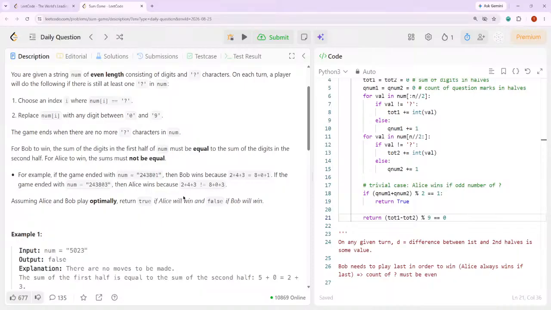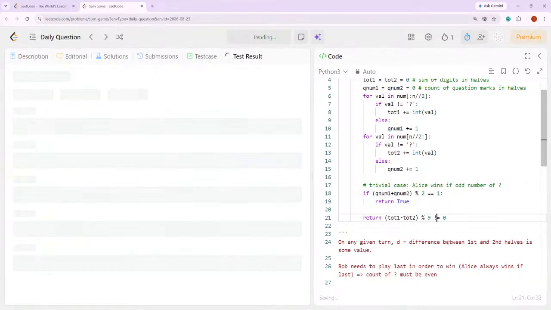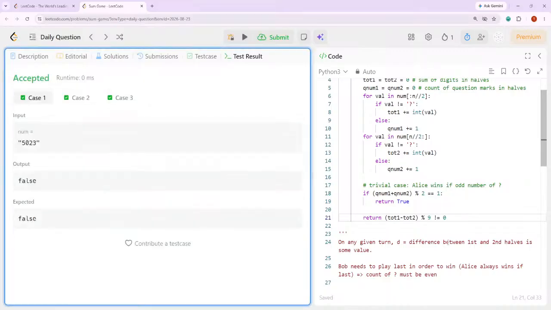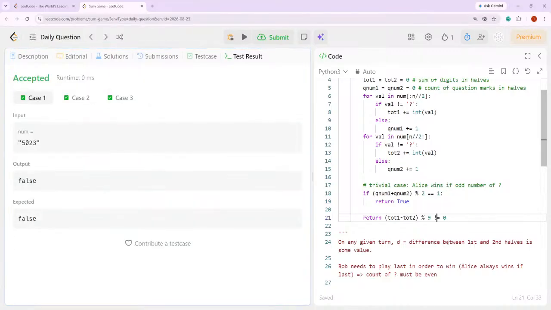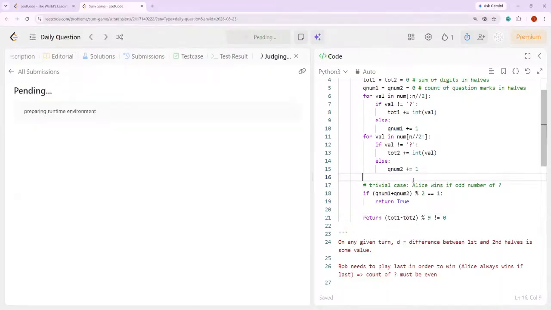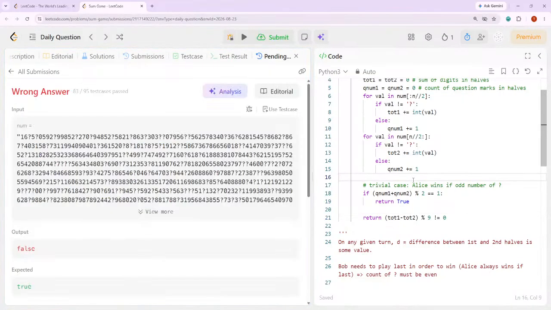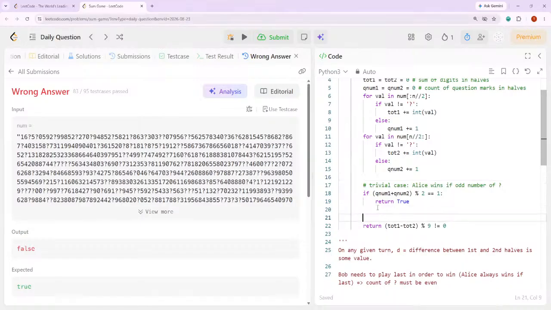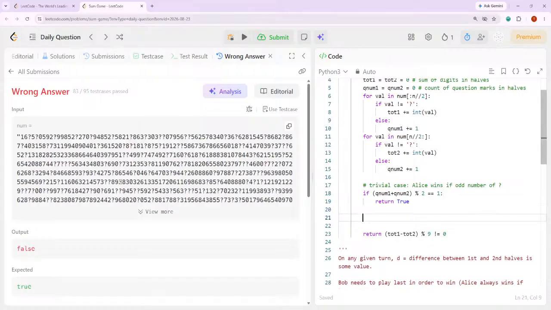So, yeah, did I just screw up the logic there? Yeah, but they start out even, and Alice doesn't win. Yeah, okay. Gosh damn it. All right. I mean, got to 83 out of 95 test cases.